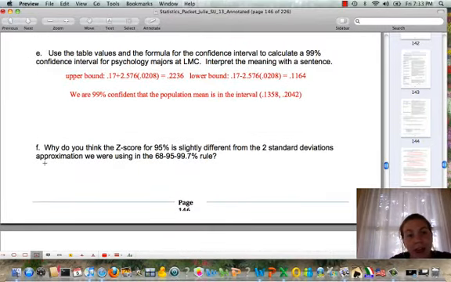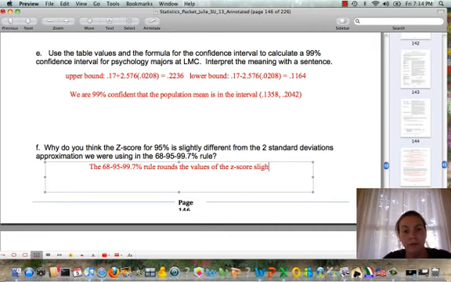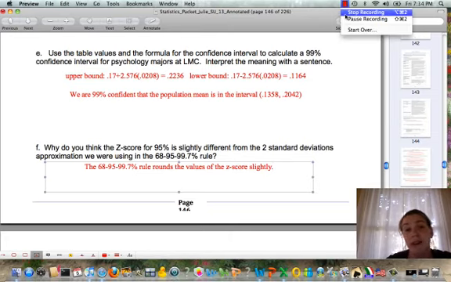So question F asks, why do you think the z-score for 95% is slightly different from the 2 standard deviations approximation we were using before? So we can say that the 68, 95, 99.7% rule rounds the value of the z-scores slightly. Okay, so the next video will contain example 3.